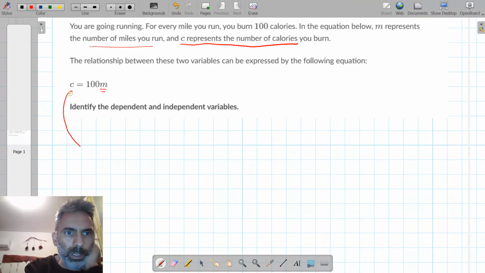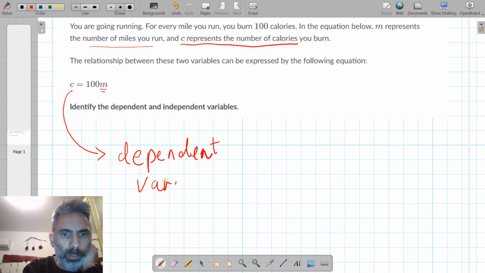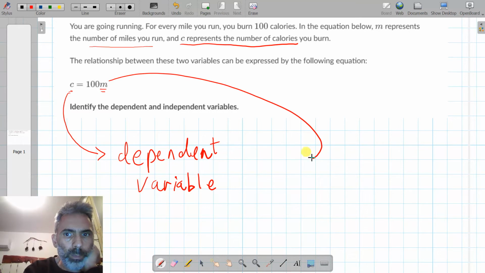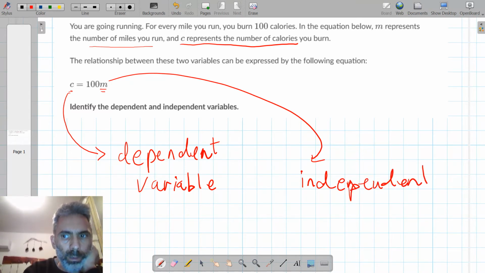So c is the dependent variable and m is the independent variable.